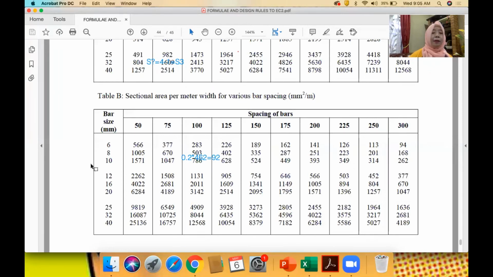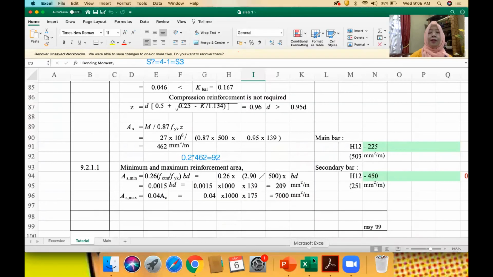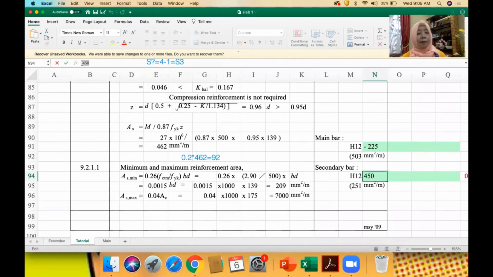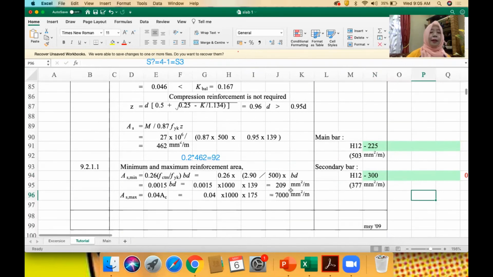But you can also use H12 at 300. Or from the calculation, 450. Here if it is 300, you got 377. It's greater than this one.